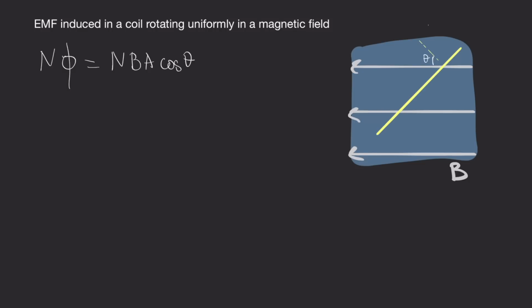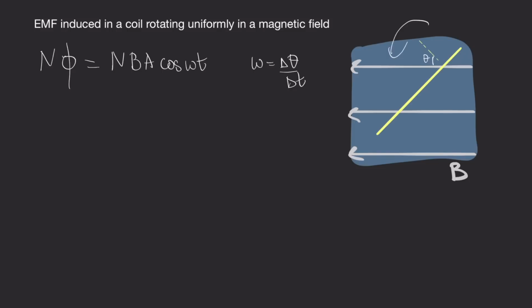This is changing because the conductor will be rotating uniformly. And if it's rotating uniformly, we'll have some angular velocity omega, which will be equal to the rate of change of angular displacement. In other words, if we were to rearrange for theta, we are going to get that theta will just be equal to omega t, if the angle is the only aspect which is actually changing.